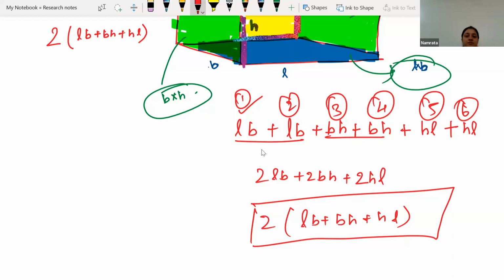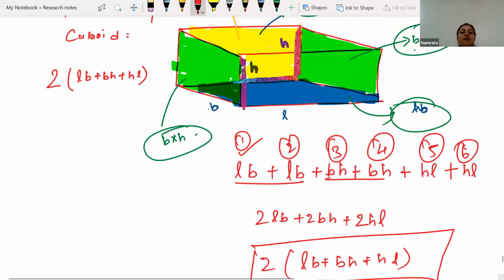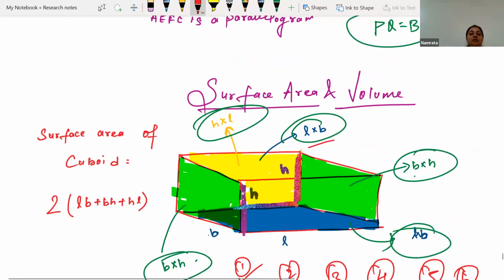Yes, ma'am. So now you must have understood: if I remove the top part from this cuboid, and I give you the same figure and tell you the top part is not covered, there is nothing on the top, then you will understand that the top part area was length into breadth.